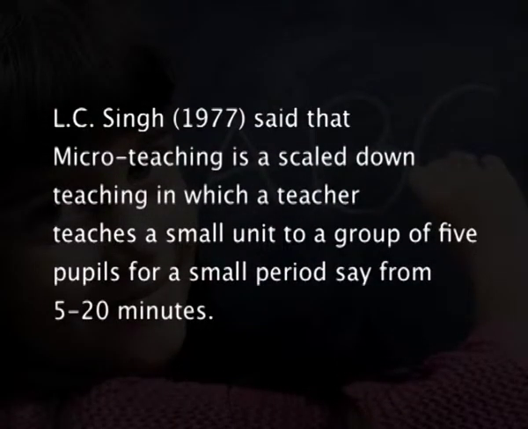L.C. Singh, 1977, said that micro-teaching is a scaled-down teaching in which a teacher teaches a small unit to a group of 5 pupils for a small period, say from 5 to 20 minutes. Such a situation offers a helpful setting for an experienced or inexperienced teacher to acquire new teaching skills and to refine old ones.